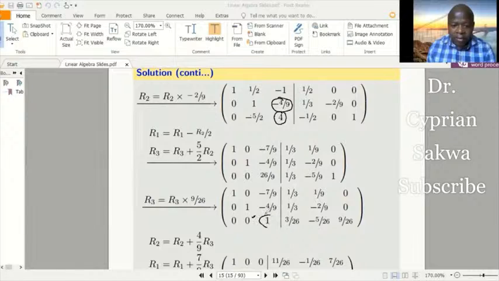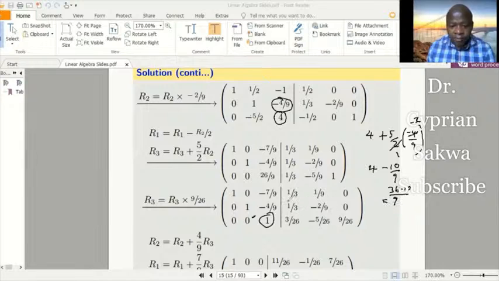You can just work out that one, because this is 4 plus 5/2 of -4/9, so we have 4 minus 10/9. The LCM is 9, and this will be 36 minus 10, which gives you 26 over 9.